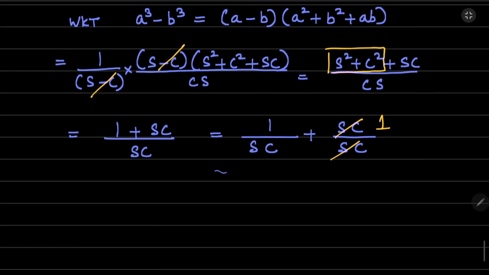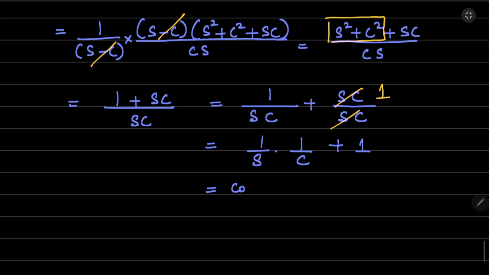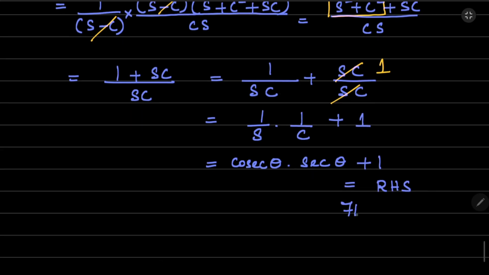Okay, so the other term will be 1 over sine multiplied by 1 over cos, plus 1. What is 1 over sine? It is cosecant theta, multiplied by 1 over cos, which is secant theta, plus 1. This is equal to your RHS, hence proved.